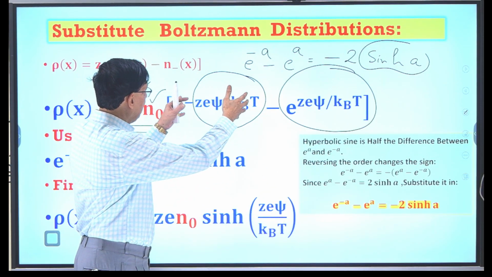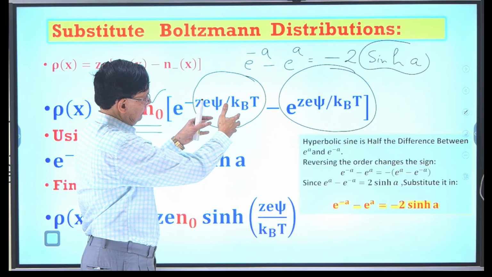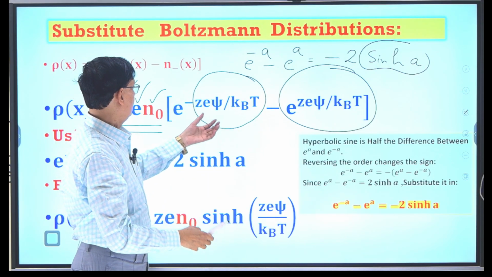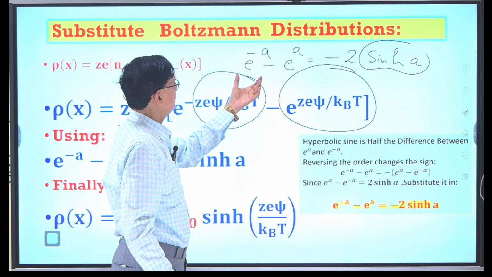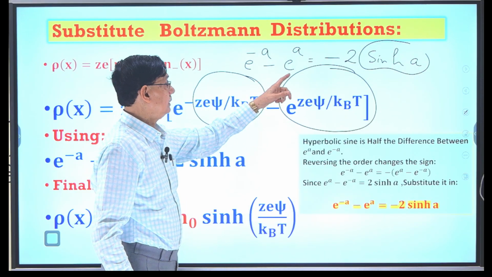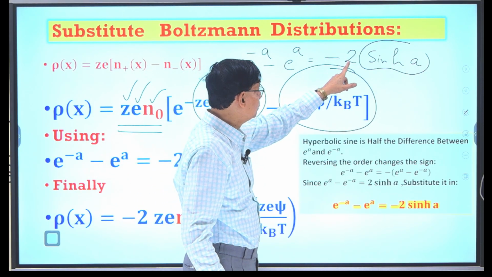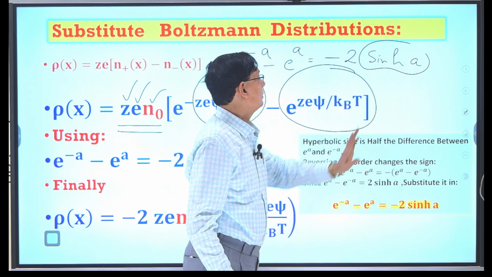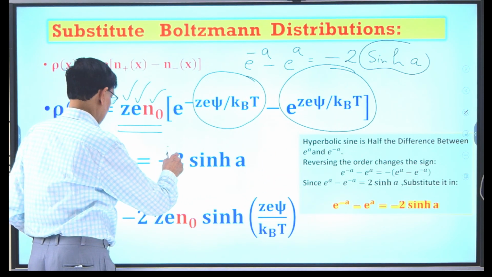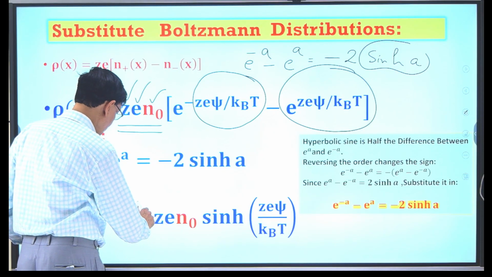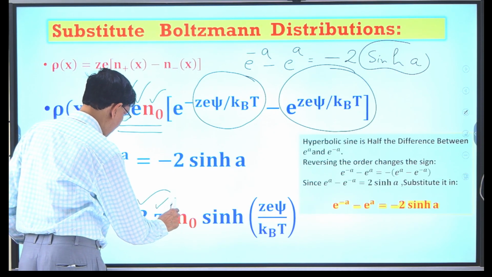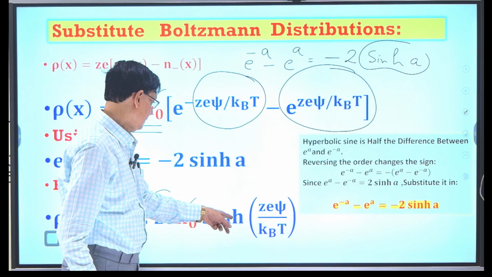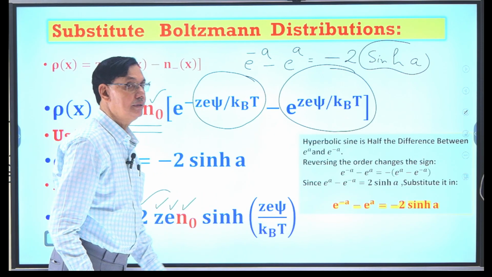So that in place of exponential, if I take the exponential and add it, you will get 1. So this एक्सपोनेंशियल के जगह में घबराने की जरूरत नहीं है. क्या आएगा? सीधा हम लिखे minus 2 sinh hyperbolic a. So just I value here 2, z is common, e is common, n0 is common, and the sinh of z e psi by k T.